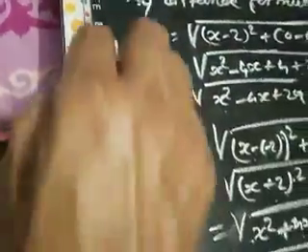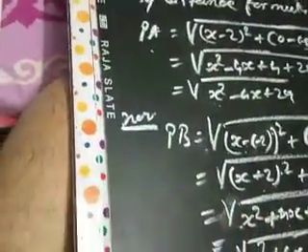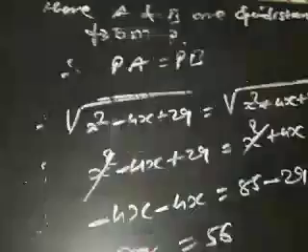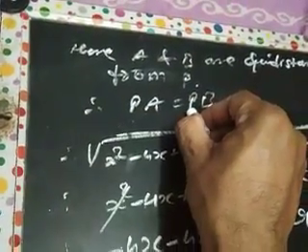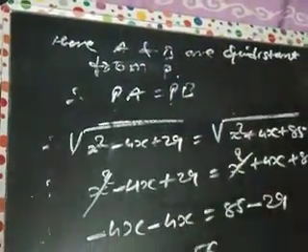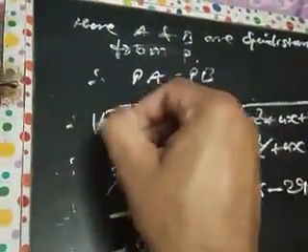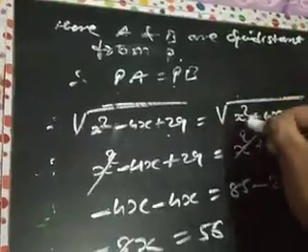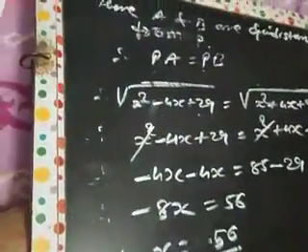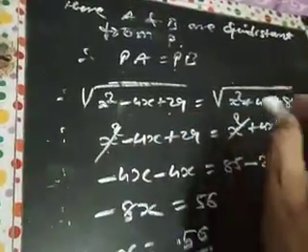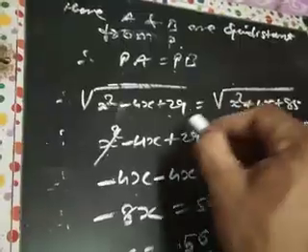Equations 1 and 2 become equal: the square root of x squared minus 4x plus 29 equals the square root of x squared plus 4x plus 85. The square root is removed from both sides, and x squared is also removed, so there remains only minus 4x, and this 4x we bring to this side.